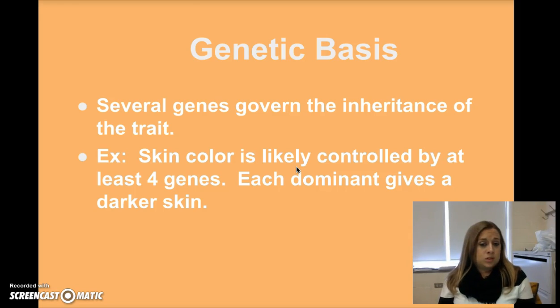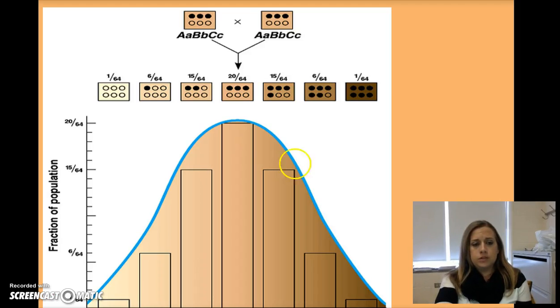So again, skin color is likely controlled by at least 4 genes, and each time you have a dominant allele for one of those 4 genes, it will lead to slightly darker skin. If we look at this example here, we have a bell curve of skin color. If you look at the really pale side, essentially you have no dominance.